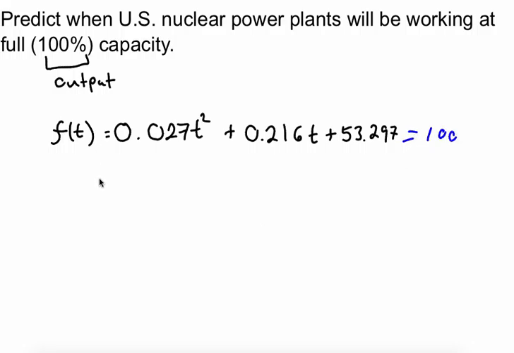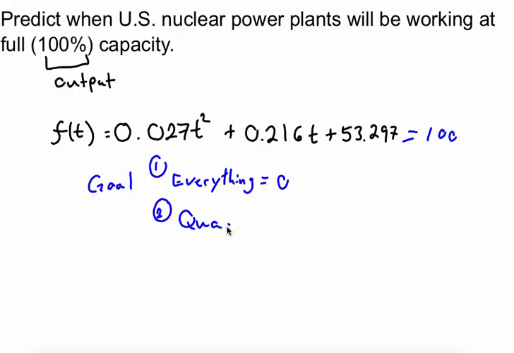Remember, right now the goal is to get everything on one side so that it equals 0. The second step is to use the quadratic formula, and it'll tell me what the t values make it equal to 0.